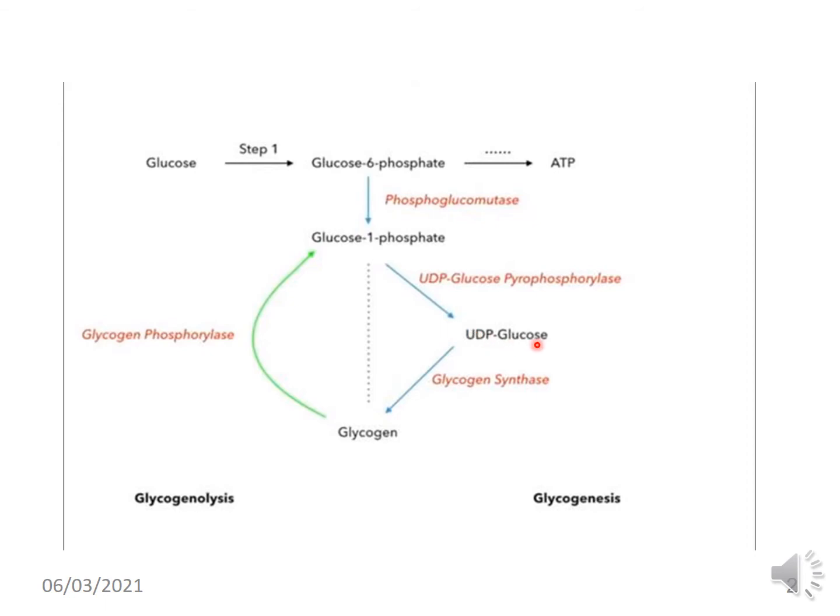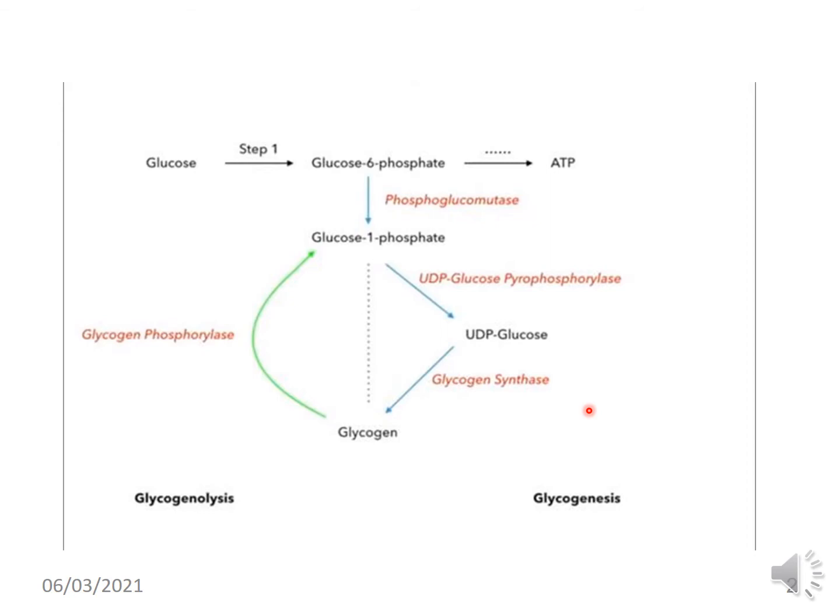and then glucose 1-phosphate reacts with UTP in the presence of UDP-glucose pyrophosphorylase to produce uridine diphosphate glucose, and then UDP-glucose or UDPG reacts with glycogen in the presence of glycogen synthase to produce glycogen.